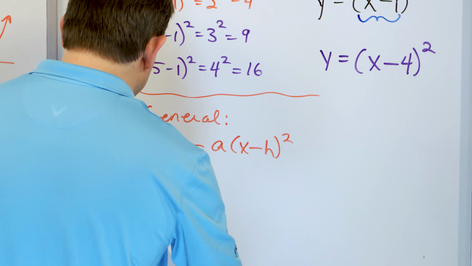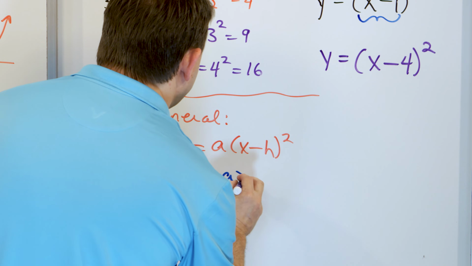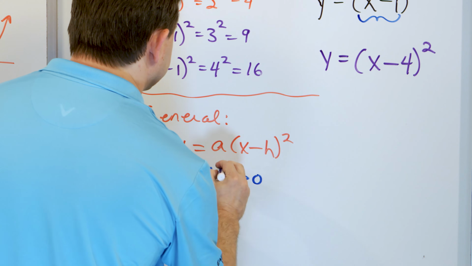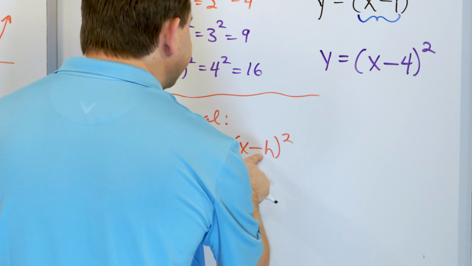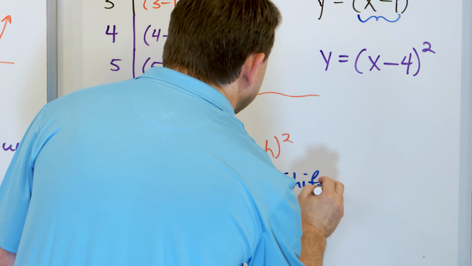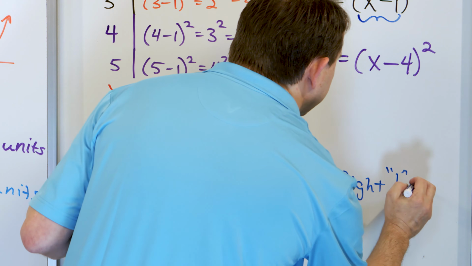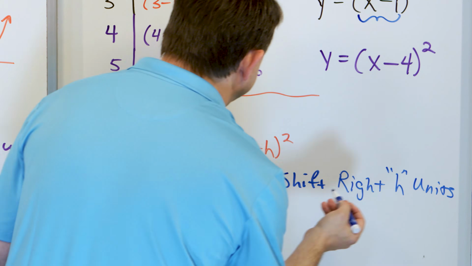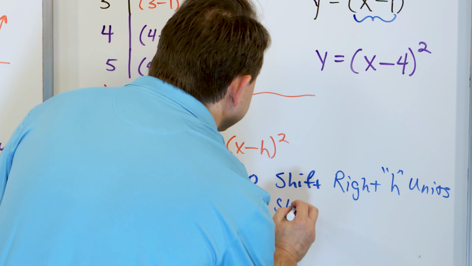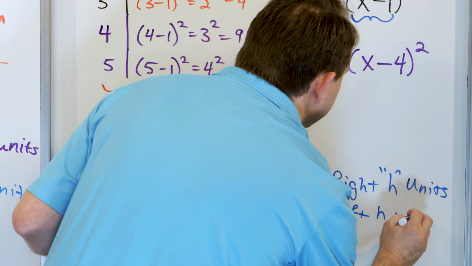And then what you see usually under that is, if h is greater than 0, you shift to the right h units. And exactly the same thing: if h is less than 0, shift left h units.